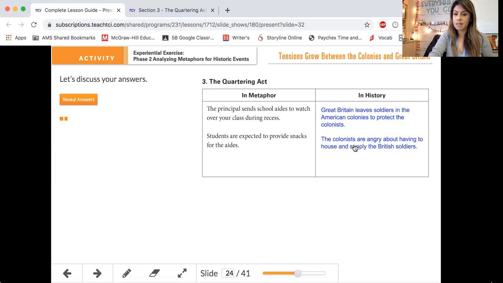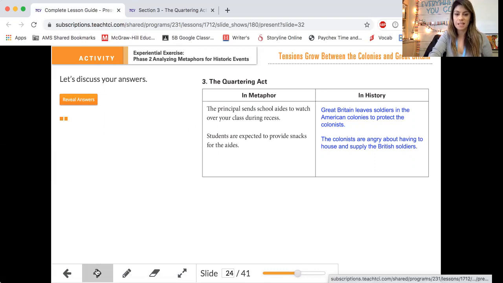So in this case, the colonists and the students are the same, and the aides would be the British soldiers. For this metaphor up here, same thing. Soldiers are the aides, and the colonies are colonists.